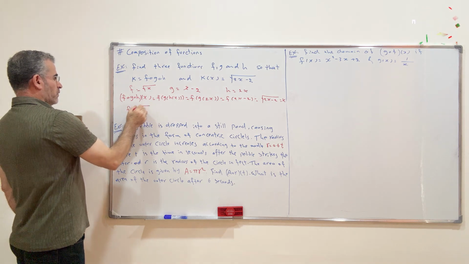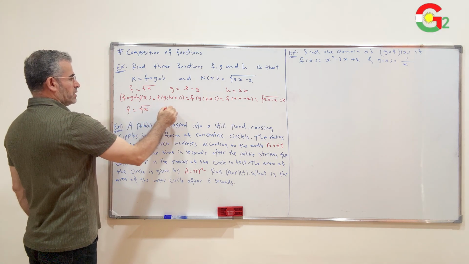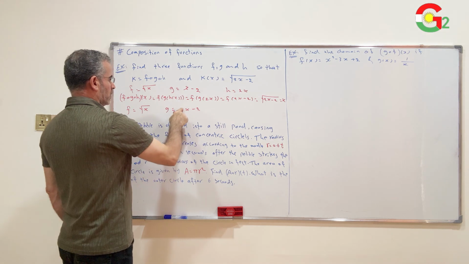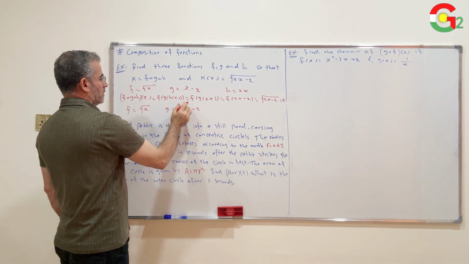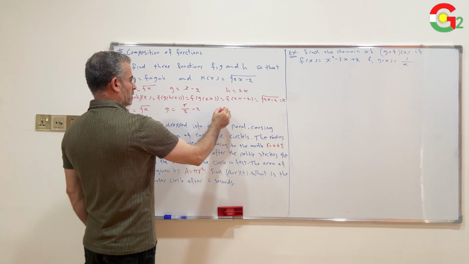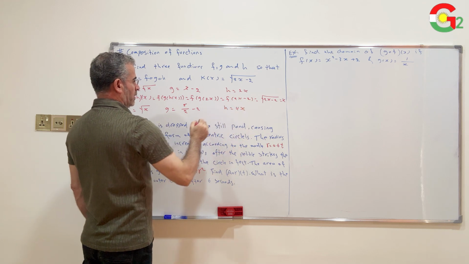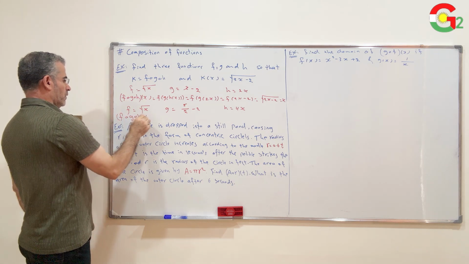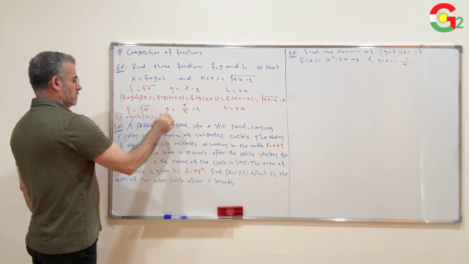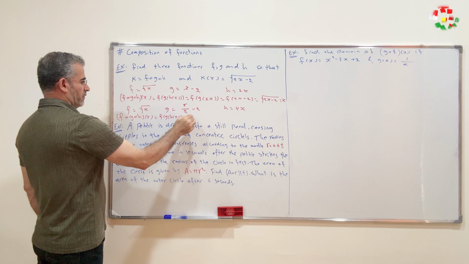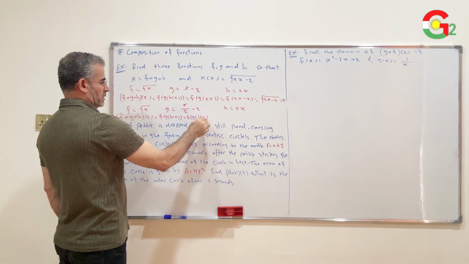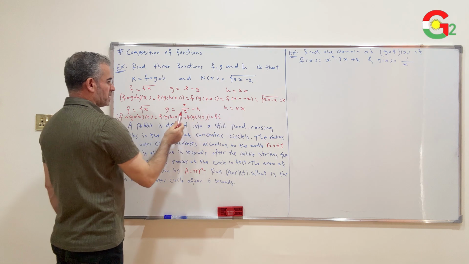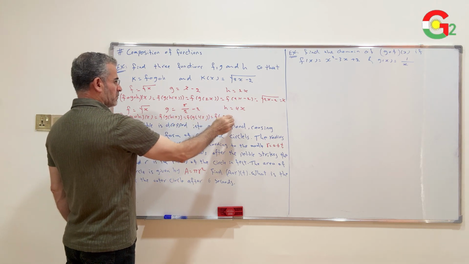Now, if I set f equal also to square root of x, but I change g to x over 2 minus 2, and give h as 4x, then f of g of h of x equals f of g of 4x, replace x with 4x. 4x over 2 is 2x, minus 2.